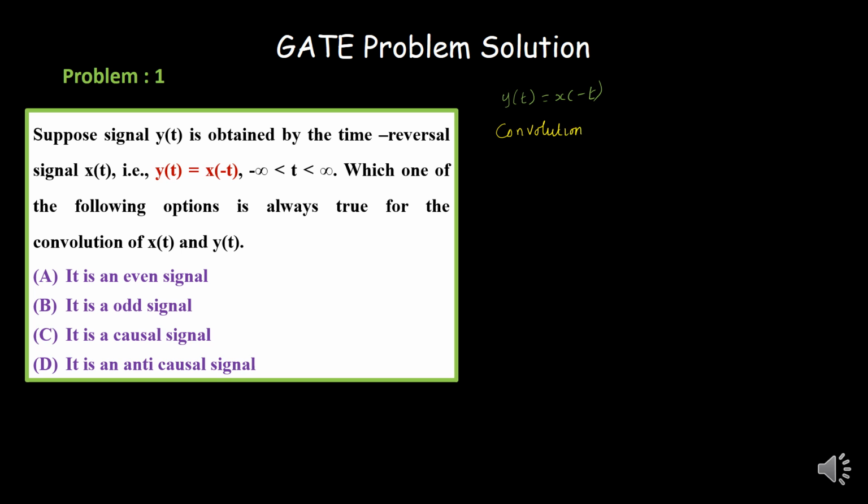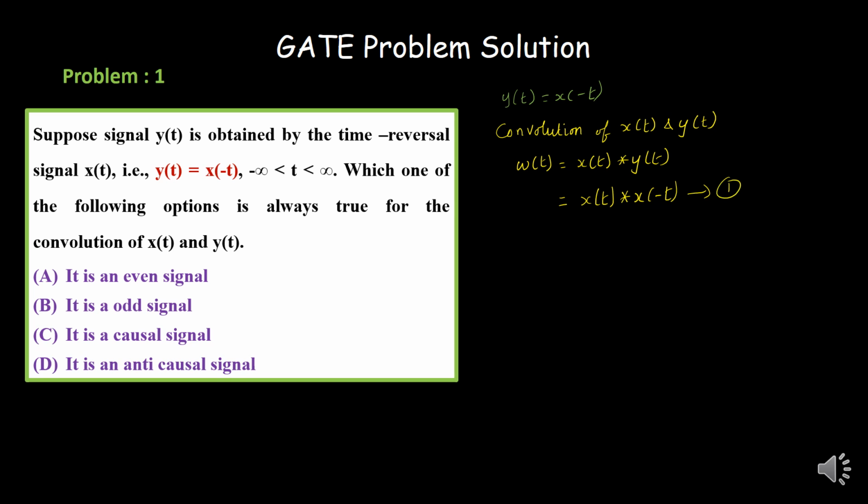I am going to represent the convoluted signal as W of t, which is the convolution of x of t and y of t. Now y of t is already given as x of minus t. I am going to replace y of t as x of minus t. So W of t is the convolution of x of t and x of minus t. Let me take this as first equation.